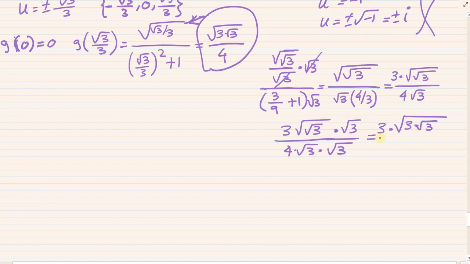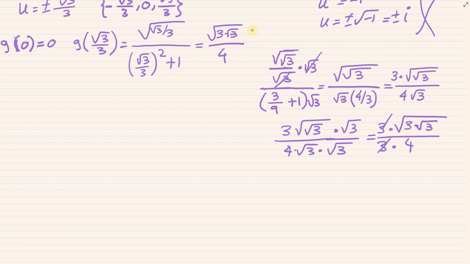In the denominator, you have root 3, that's 3 times 4. The 3's cross out. And the result is what you see here. That's how I got that number. Pretty wicked. Now, that's going to be g at root 3 over 3.